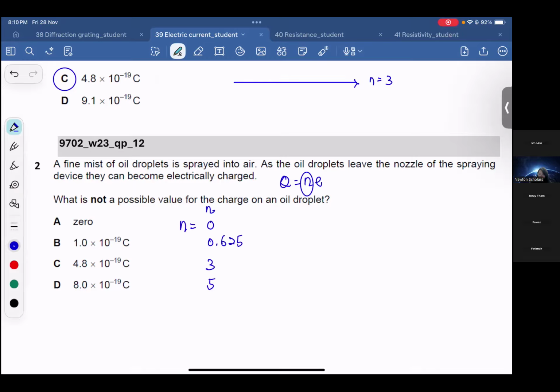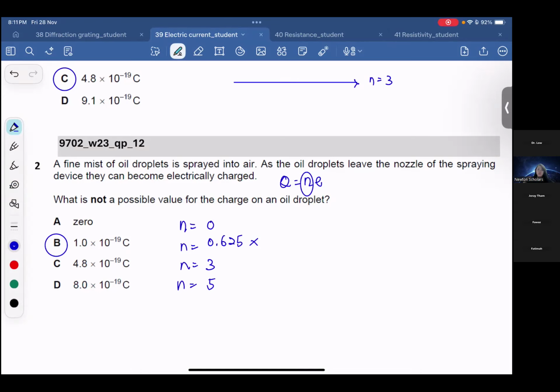This is my answer. Which one is not a possible charge? So B is not a possible charge. It's because the charge must be in packages, 1 package, 2 packages, 3 packages. It must be a whole number. So B is wrong. Okay, is that clear?